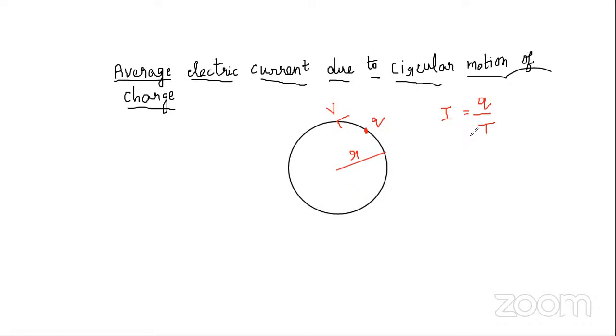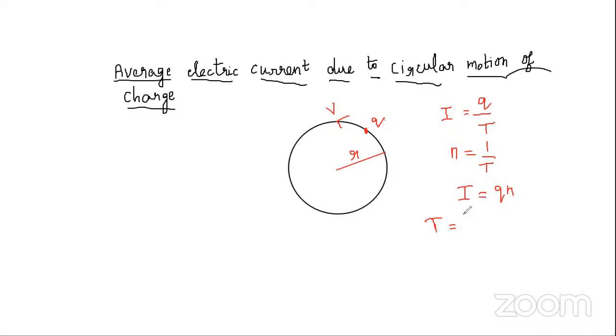So I equal to q by T. Here the frequency of revolution of this charge is taken as n, and that is actually the reciprocal of the time period T. So when n equal to 1 by T, your I will be I equal to q into n.